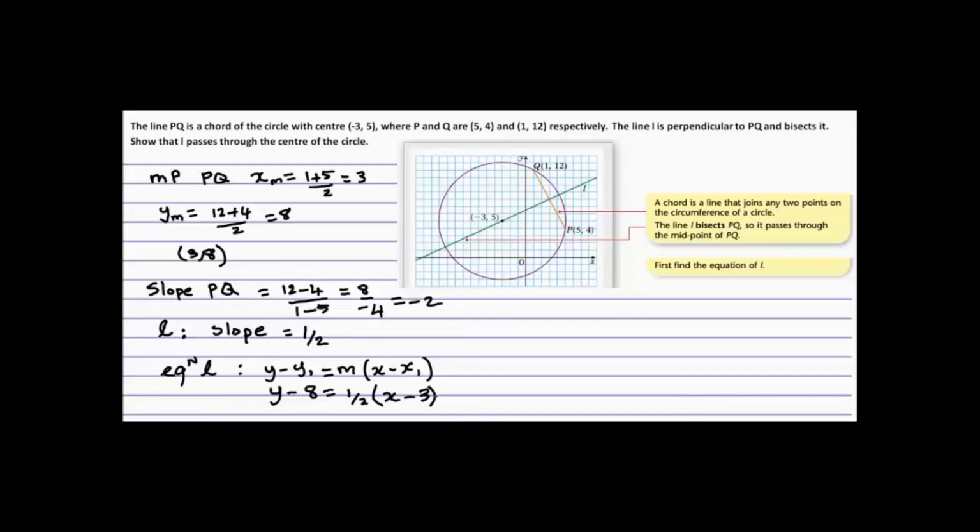Okay, so let's write that up here. So we have y minus 8 equals a half x minus 3 on 2. We'll put the 8 over. Half x minus 3 on 2 plus 8.